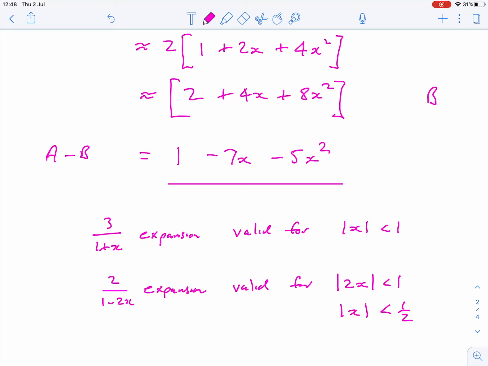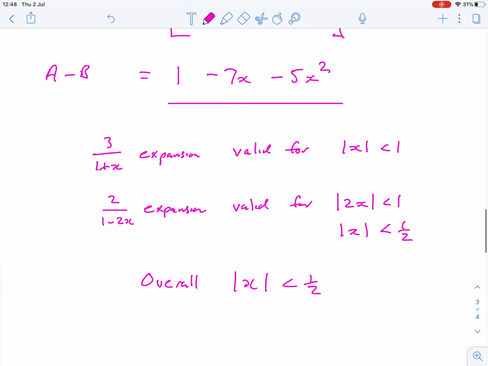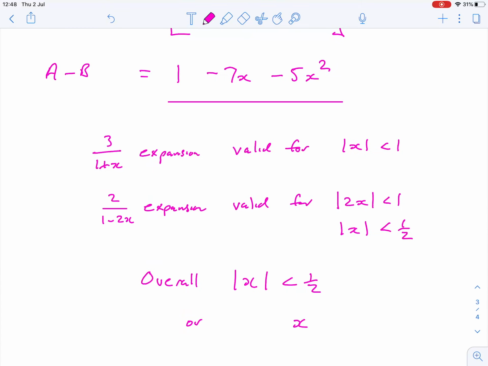Now if this expansion is going to work, it has to work for both parts, so you've got to take the most restrictive one. You can't go for mod x is less than 1 because it wouldn't work for the second one. Overall, mod x is less than a half, or we could say x is trapped between a half and minus a half. And that brings us to the end of the second example, and hopefully that will give you some help to tackle some questions in the second half of exercise 4A.